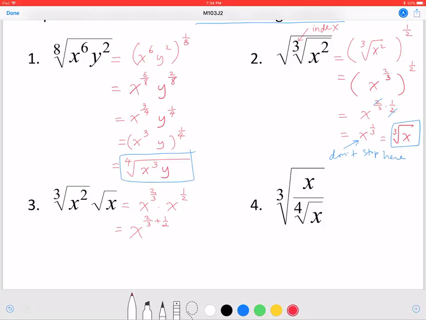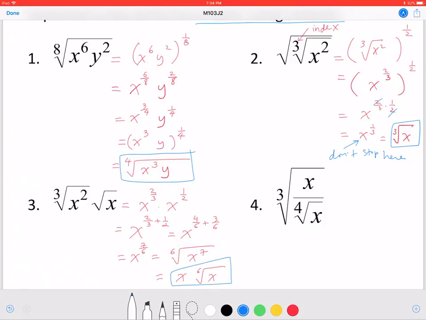That's one of the rules of exponents. So 2/3 plus 1/2 is 4/6 plus 3/6, which gives us 7/6. And x raised to 7/6 is the 6th root of x to the 7th. Now this can be reduced to x times the 6th root of x.